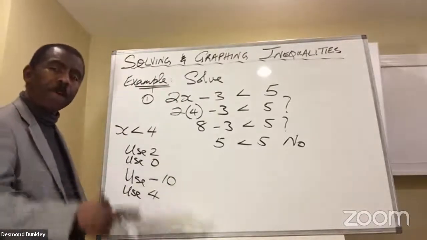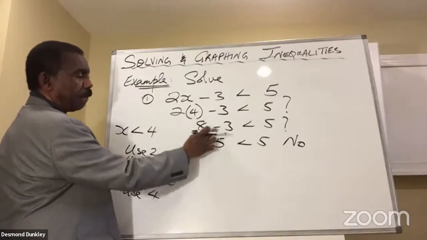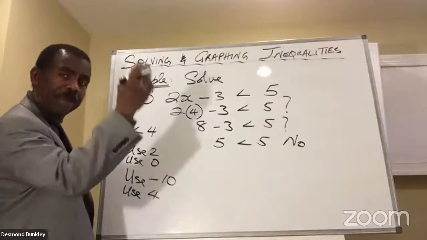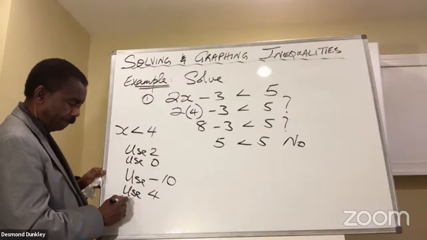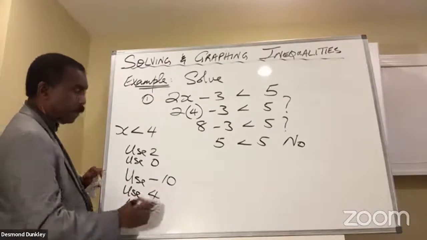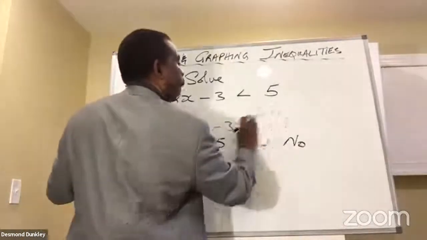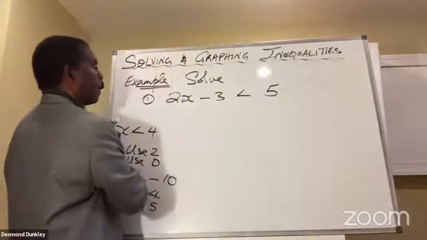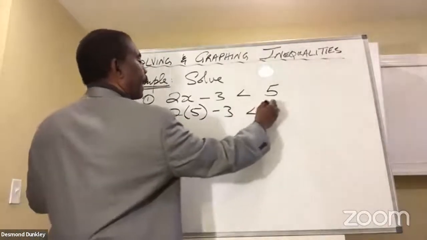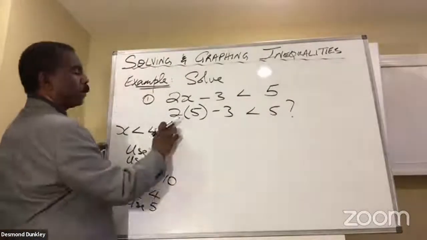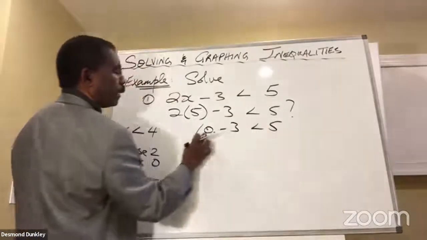If we try a number bigger than 4, this is going to give us a larger number, minus 3. So the answer is going to be bigger than 5. Let's test it. Give me a number greater than 4. Let's use 5. So 2 times 5 minus 3, is that less than 5? 2 times 5 is 10, minus 3 is 7.